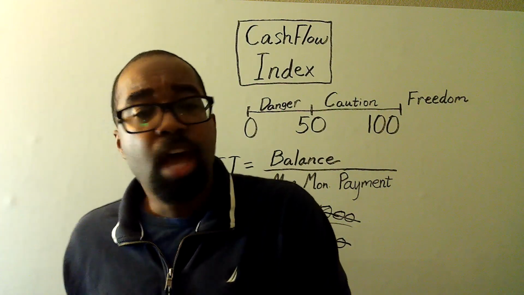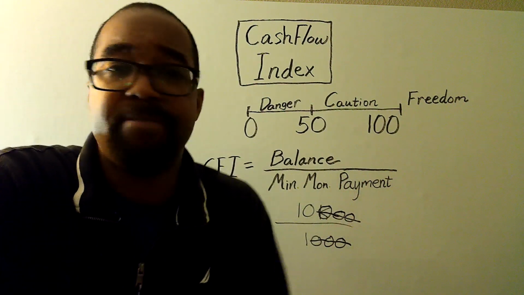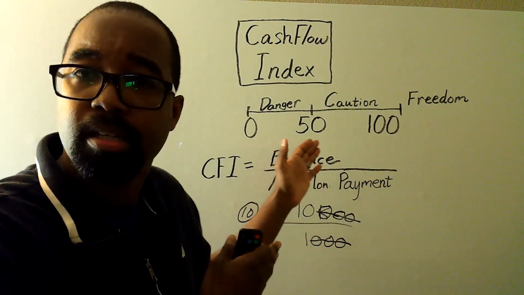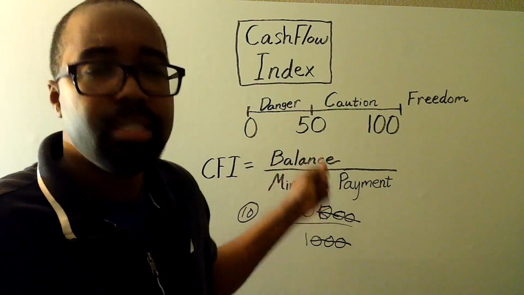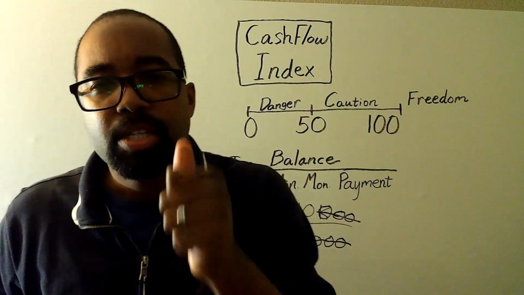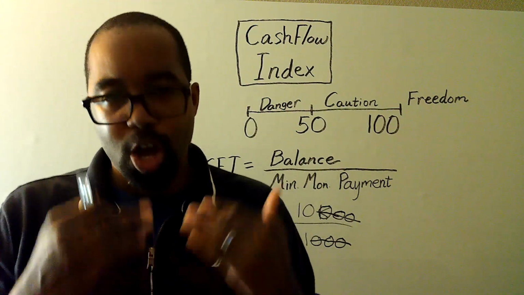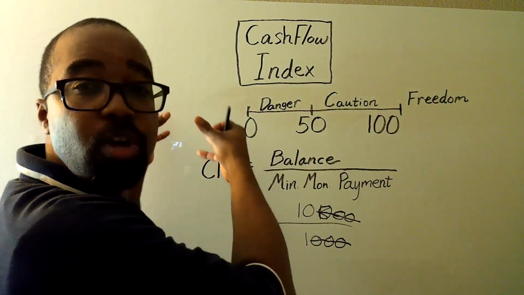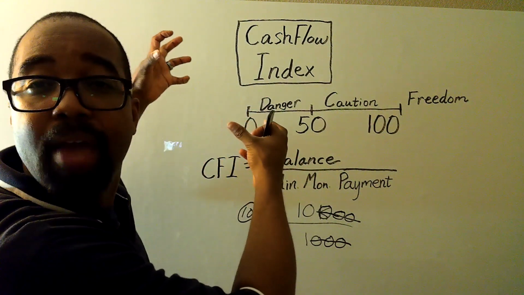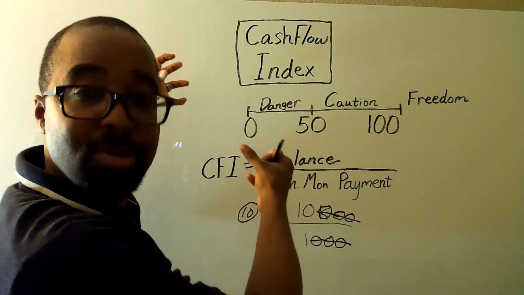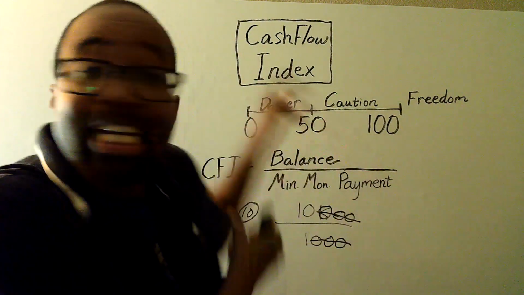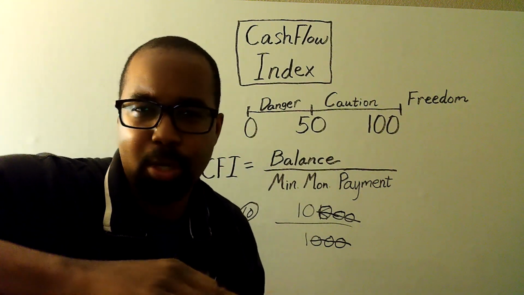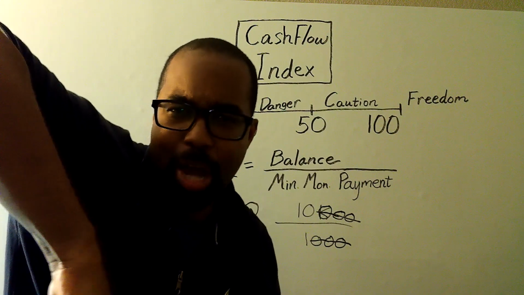It doesn't matter if it's a credit card or a bank loan. What matters is that you use this cash flow index formula to save on your cash flow. Because once you pay that inefficient loan off, you have all that cash flow to snowball into another loan. And remember, the higher the cash flow, the steeper the debt payoff.